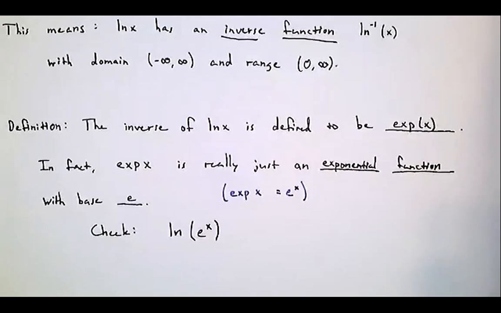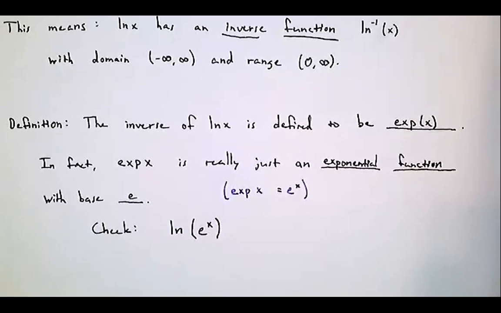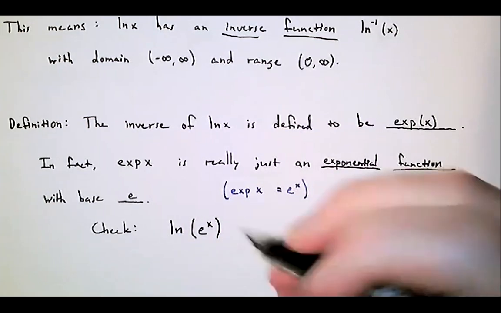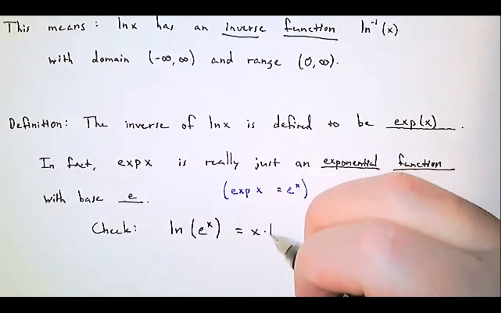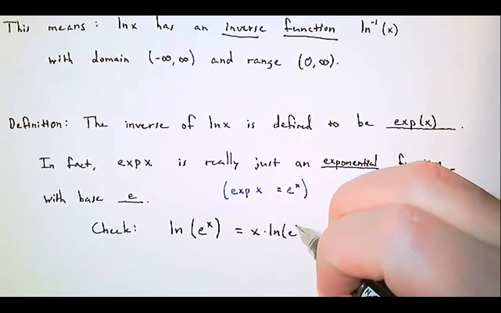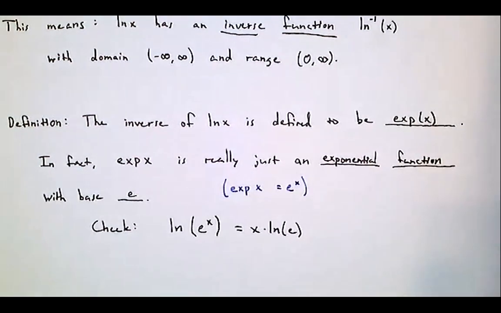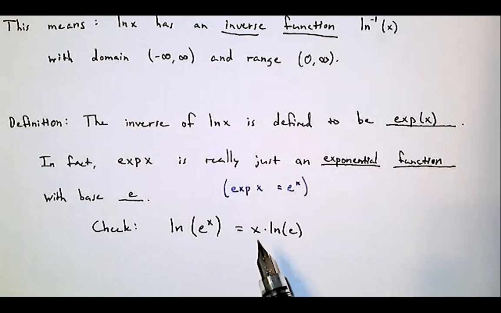So think back to the properties of the natural logarithm, and one of the properties is that we can pull exponents to the front. So exponents inside of the natural logarithm become multiplication. This is really x times the natural log of e. But there was one caveat, one restriction on these exponents.